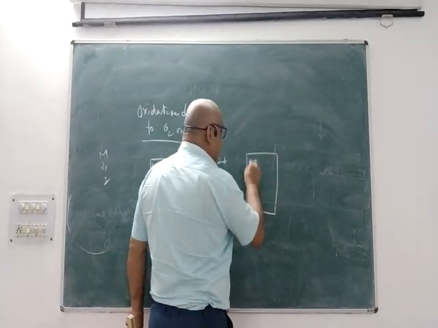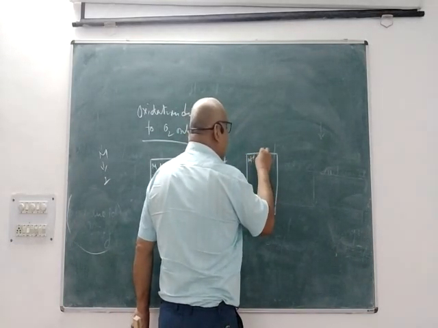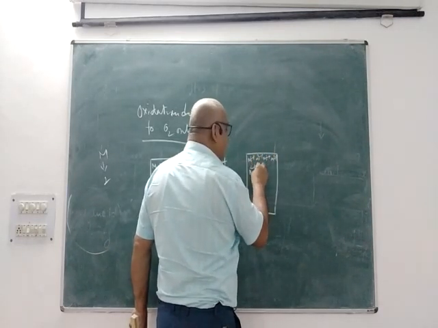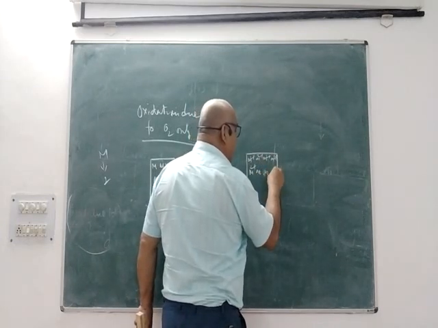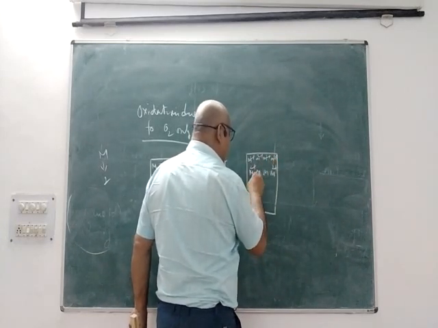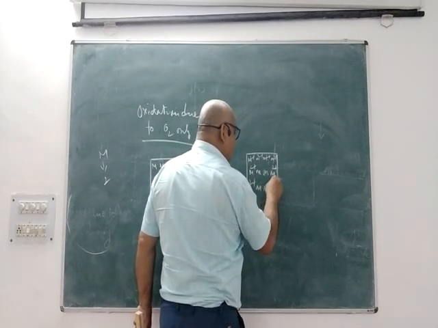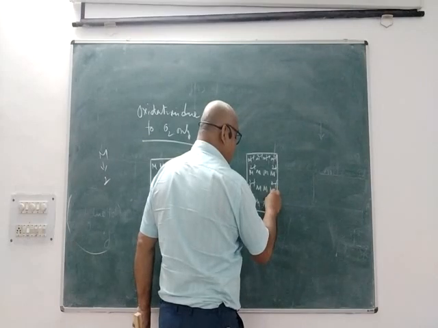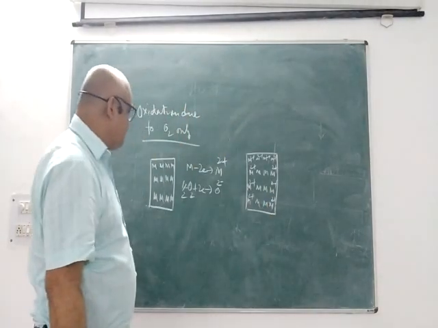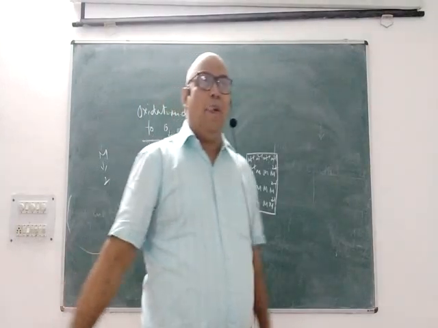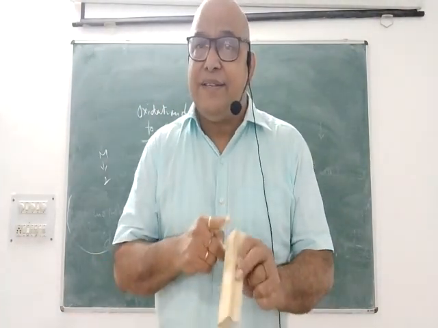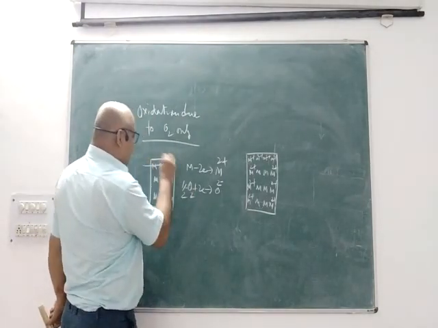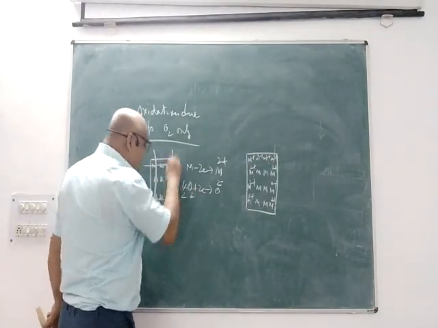Try to understand. M2+, M2+, M2+, M2+, M2+, M2+. Try to understand what I am writing, please. As I have told you, oxidation starts at the surface, and therefore all the atoms present here on the surface, this will be the surface atom.